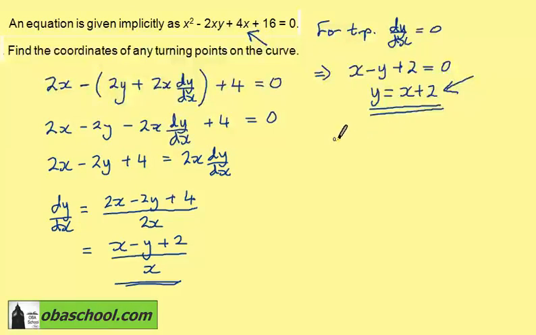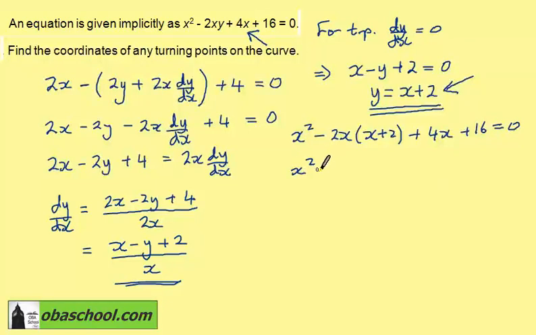So we get x squared minus 2x(x plus 2) plus 4x plus 16 is equal to 0.